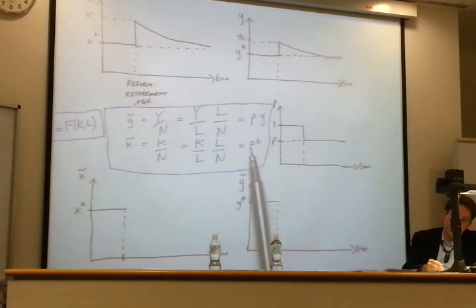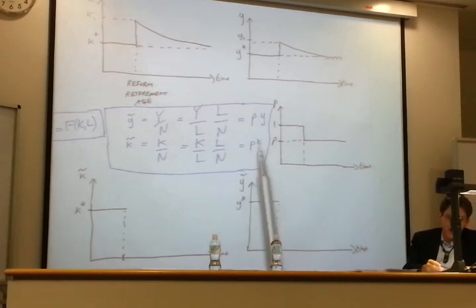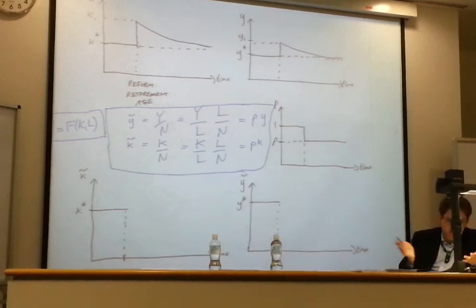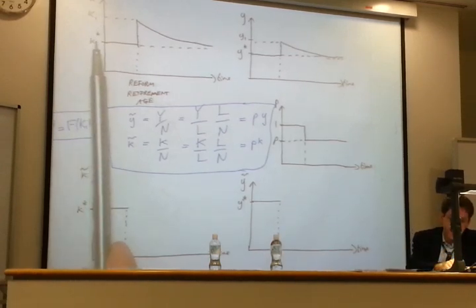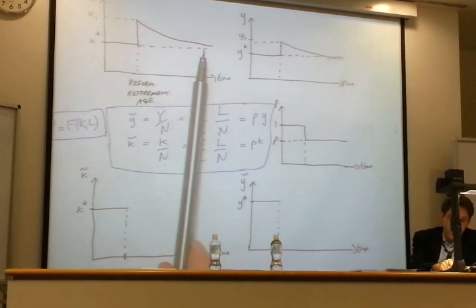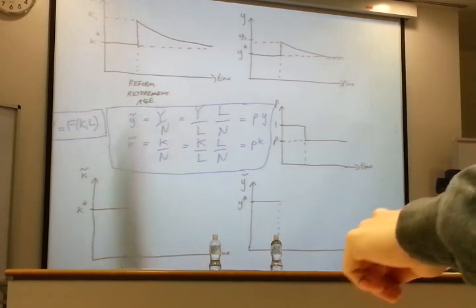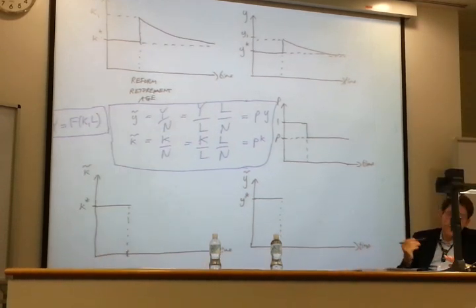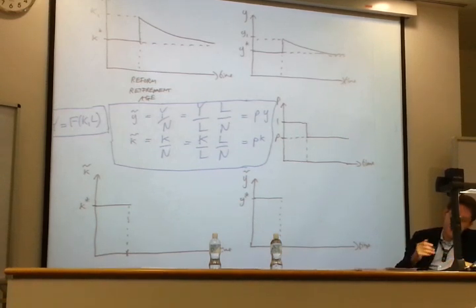Well, it's got to end up at the value of P in the long run times the value of K in the long run. The value of P is P, and the value of K in the long run is back to where it started, which was K star. P is a number between 0 and 1. It's a percentage less than 100%.